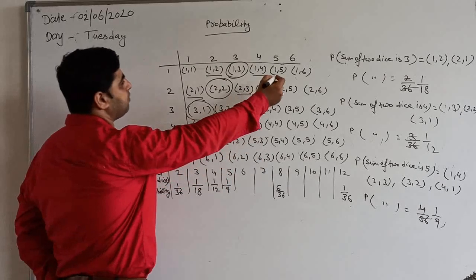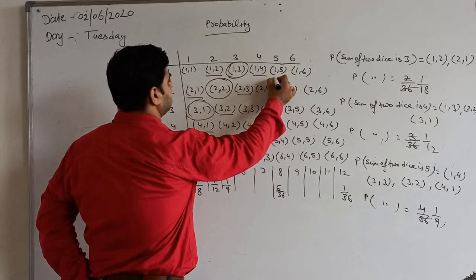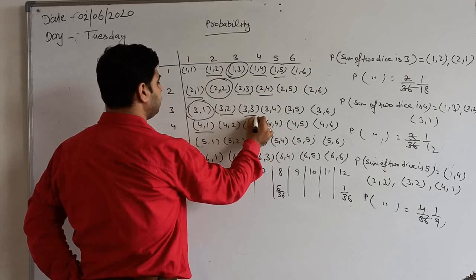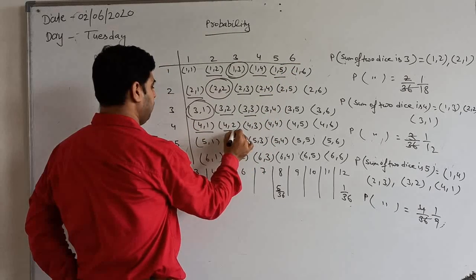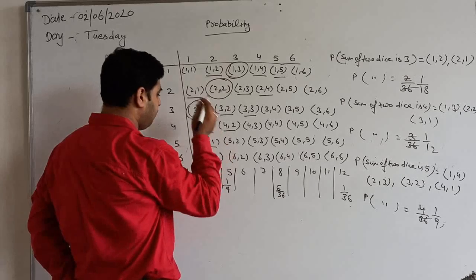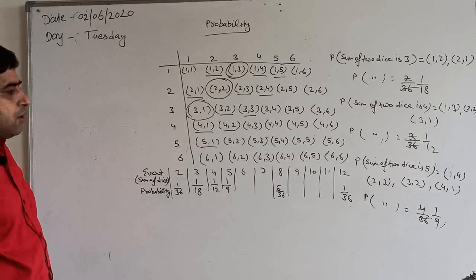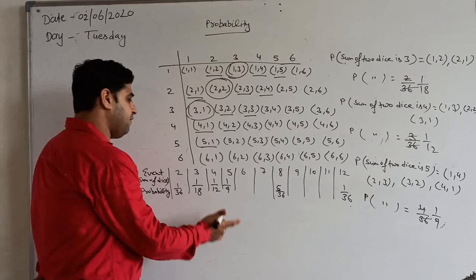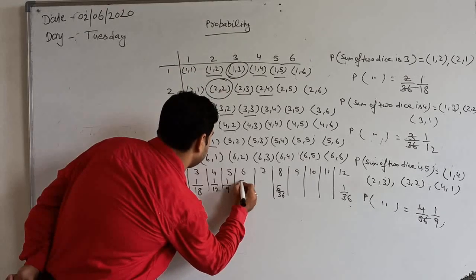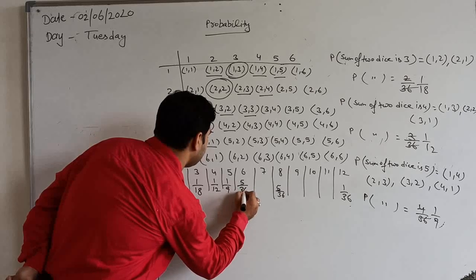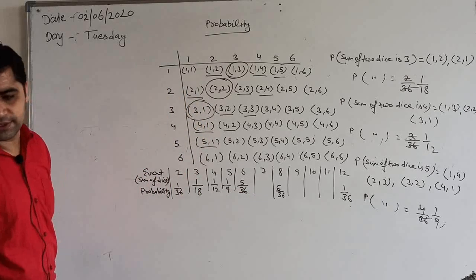Then 6 will come out. Here 6 will come out 5 times, so 6 will be 5 by 36.